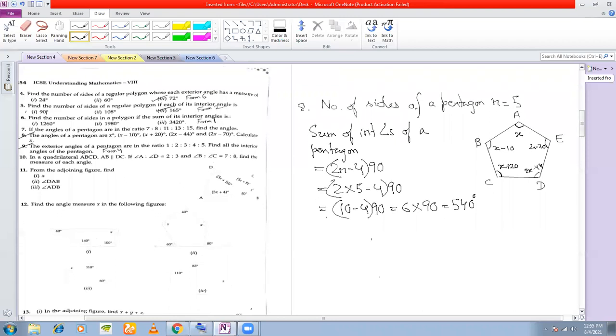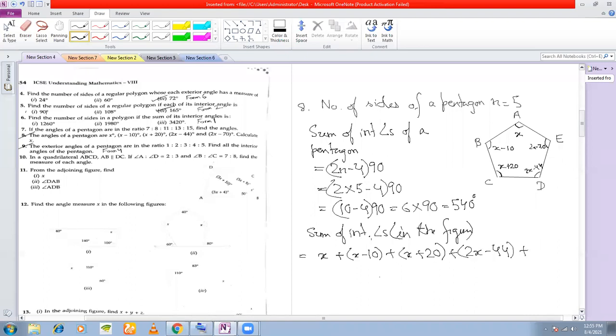Now in the figure, what is the sum of interior angles? In the figure, x plus x minus 10 plus x plus 20 plus 2x minus 44 plus 2x minus 70. This is the sum of interior angles.